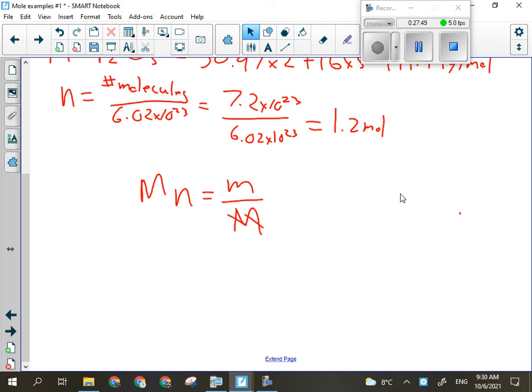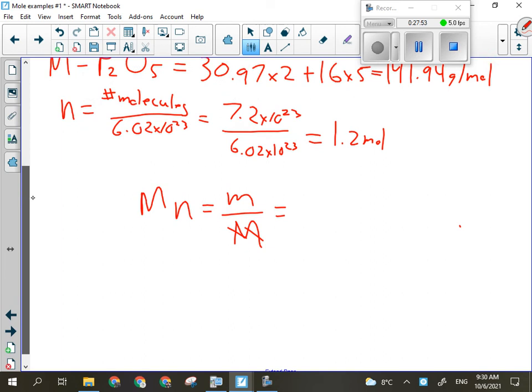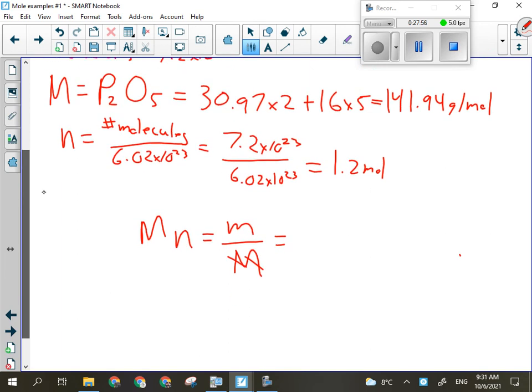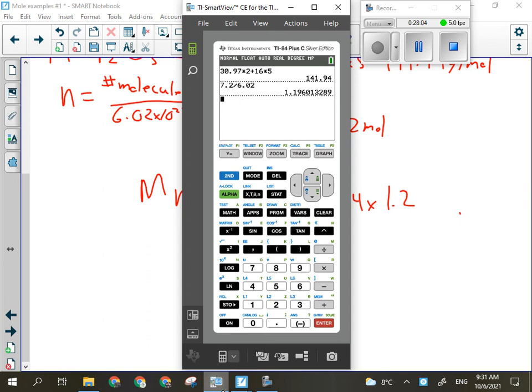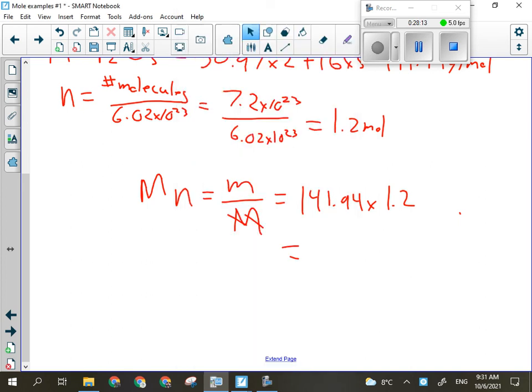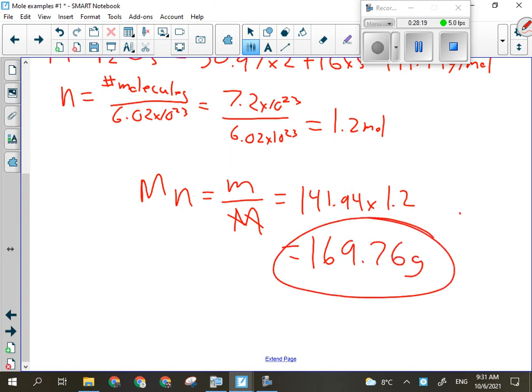So we're going to take our molar mass, which was 141.94, and multiply that by our 1.2 moles, and that will get us our mass. So that times that, 169.76 grams is our mass.